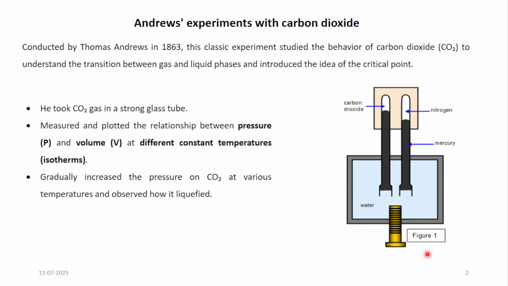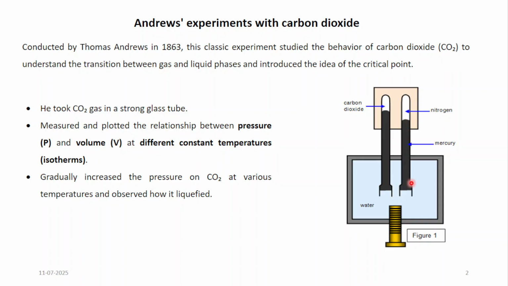So this is the apparatus used by Andrews. You can see this is a container with a constant volume and there's a screw to increase the pressure. This container with the strong walls was filled with water, and the gas whose critical temperature, pressure and volume are to be determined is filled here.